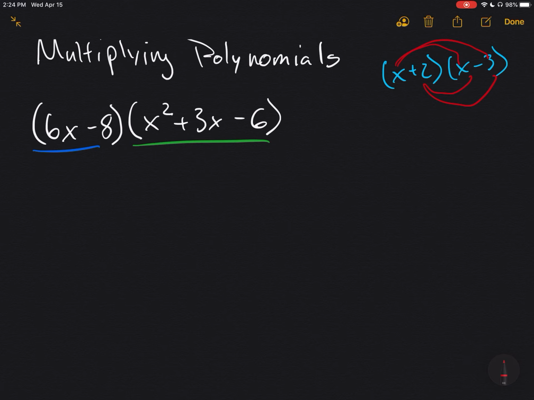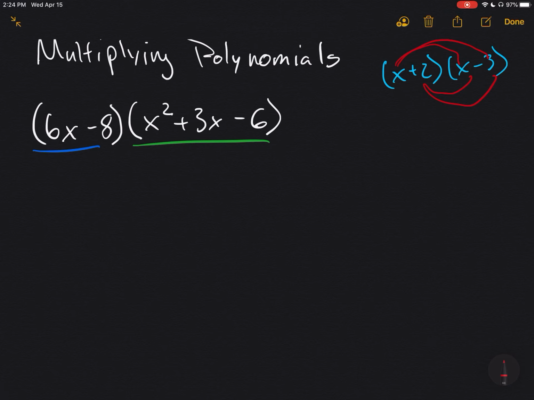Maybe it's slightly more complicated, but the idea remains the same, where we have to distribute 6x times every term in that second polynomial, and then negative 8 times every term in that second polynomial. And then we'll try to combine like terms and get down to a simplified version of our polynomial, right?